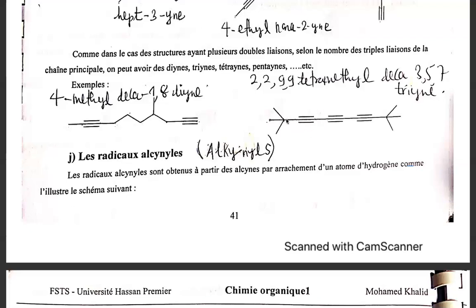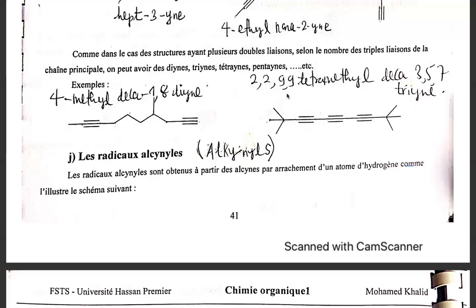So this triple liaison is found at position number 3, 5, and 7. Then at number 2, we have another substituent. Same applies to position number 9 here. We also have another substituent. And the substituents are the same.